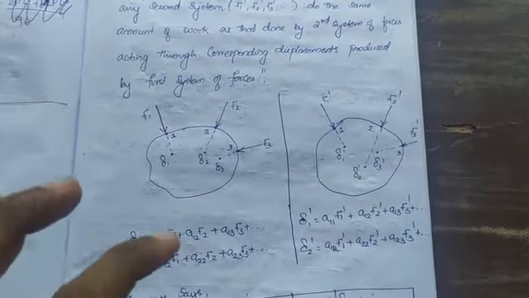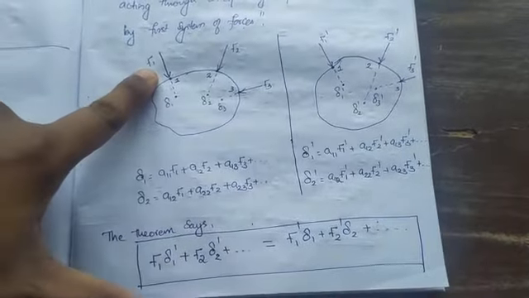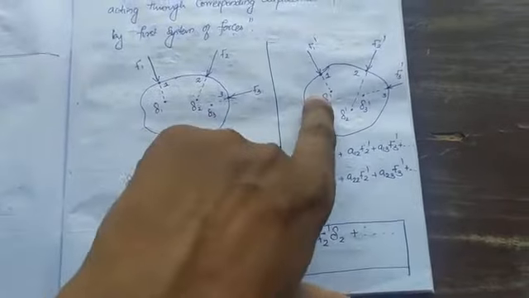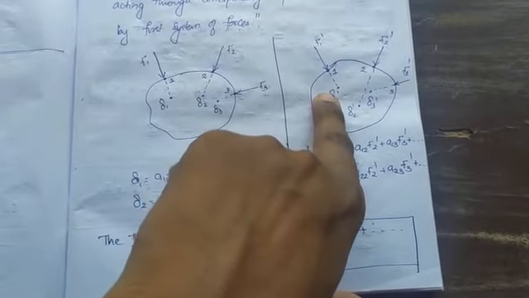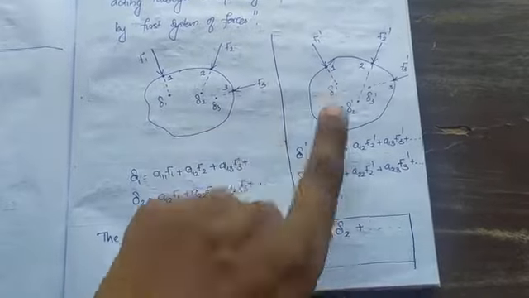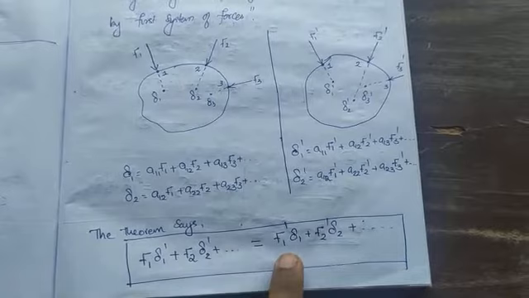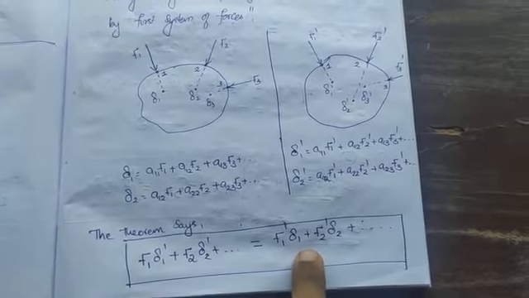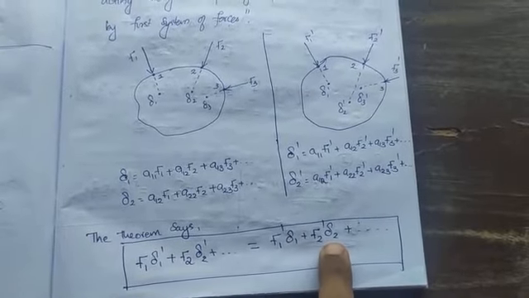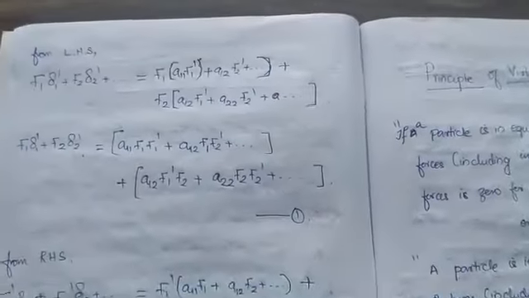Now this theorem says that F1 into delta 1 dash, the displacement caused by the second system at the same point 1, plus F2 delta 2 dash etc. will be equal to F1 dash delta 1 plus F2 dash delta 2 plus etc.